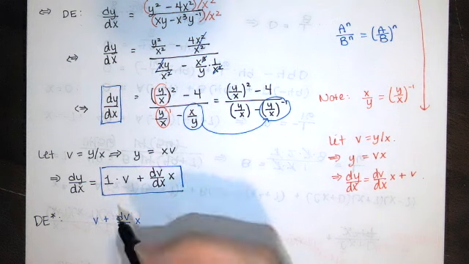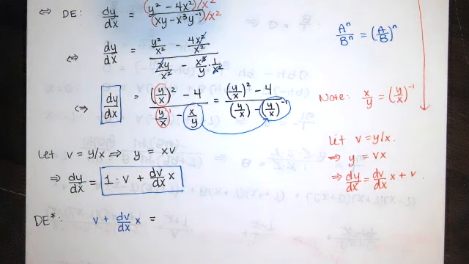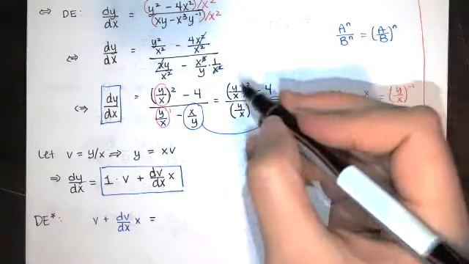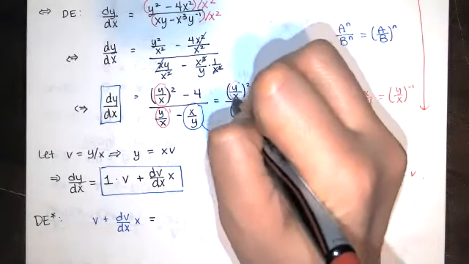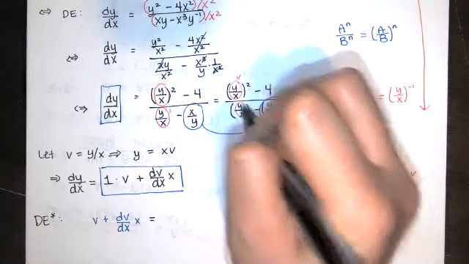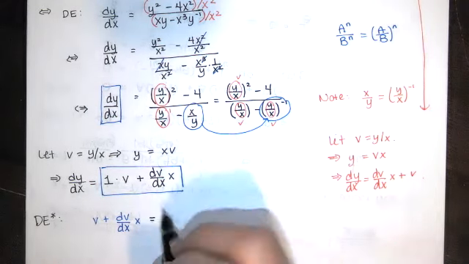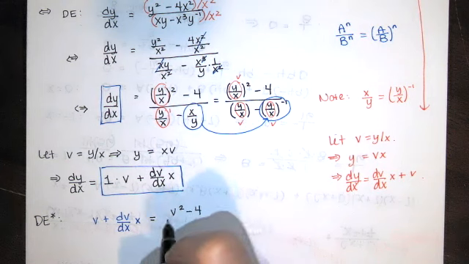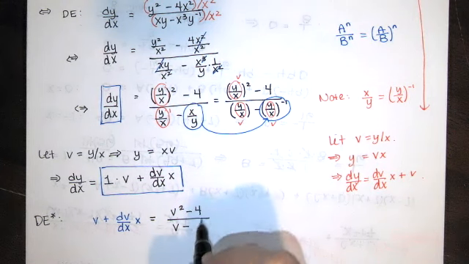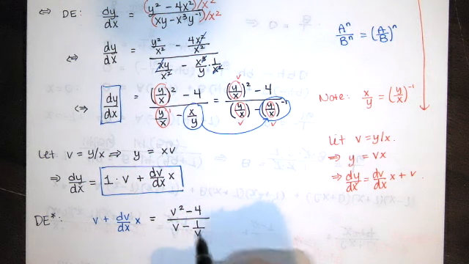And then the right-hand side is just f of v, where I've got a v squared there, a v to the first right there, and a v to the -1 right there. So this becomes v squared minus 4 over v minus v to the -1. Or if you prefer, you can call that 1 over v.